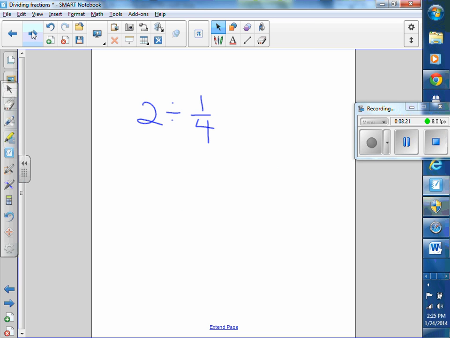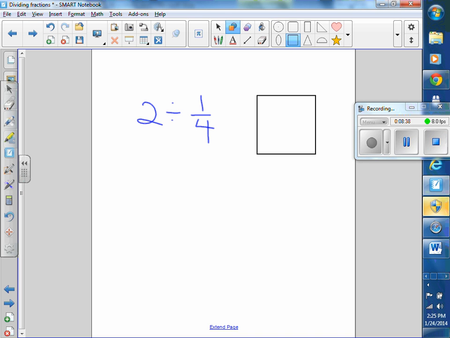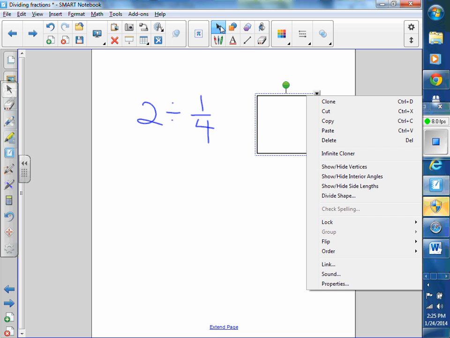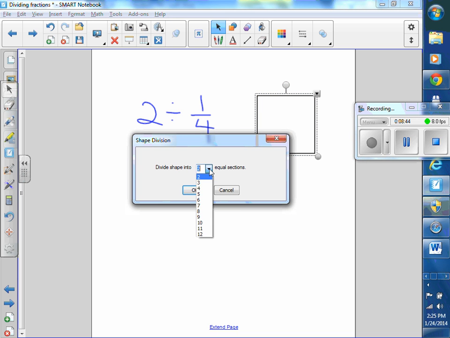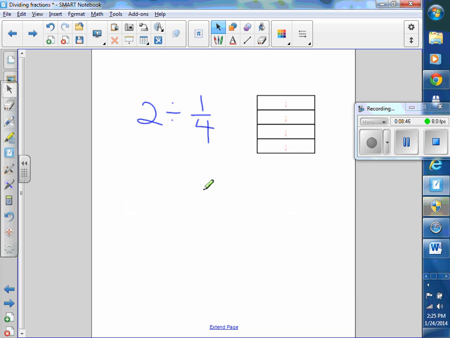What about that? Somebody new. 8. It's 8, right? Because even if you take your shape, it doesn't always have to be a circle, right? How many 4ths are in a whole? Right?